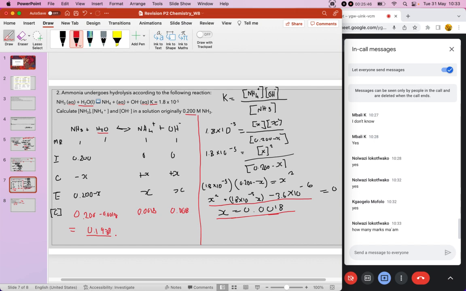How many marks might this come with? If not 10 to 12 marks, or 11 if possible. So I think the highest will be 10 marks.